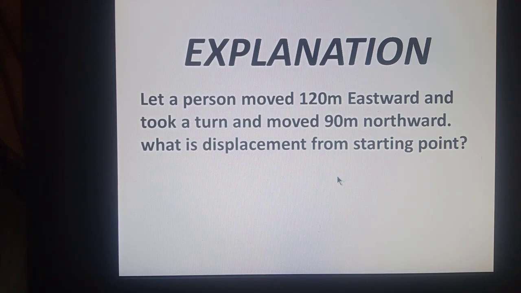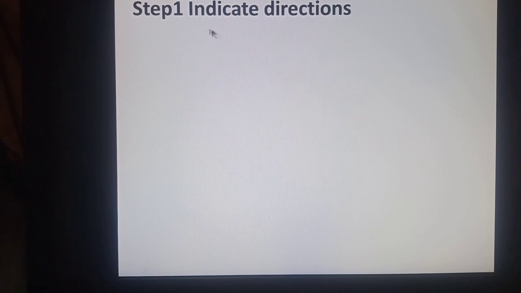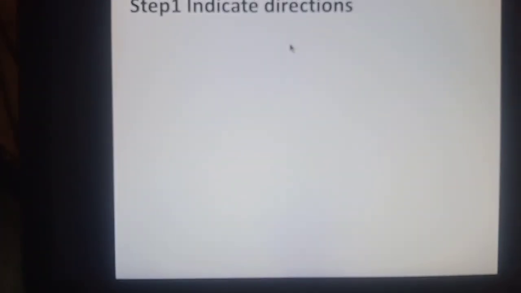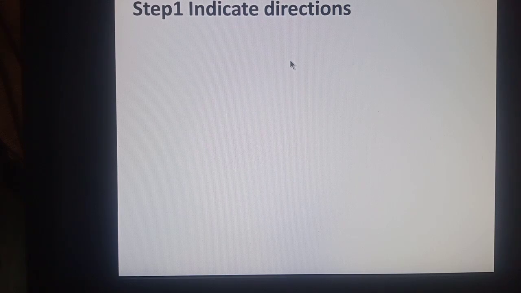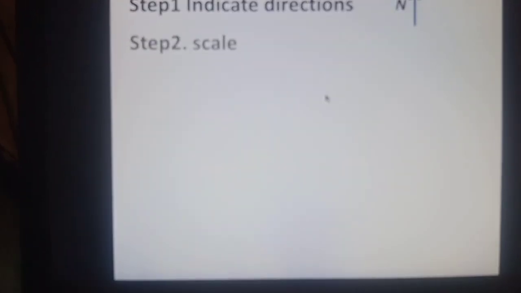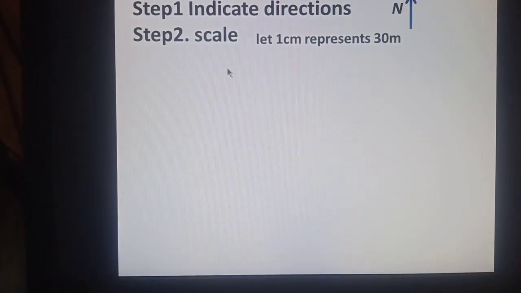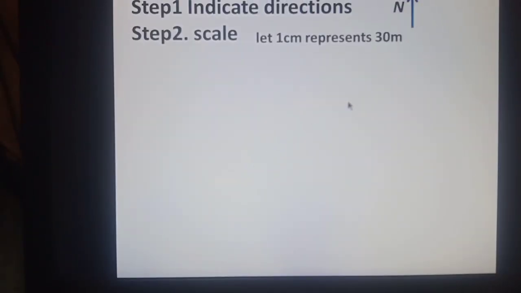Students, now step 1. What will we do? First of all, we will mention a specific direction. Say this arrow is representing the direction of north. Second step will be the suitable scale. Then we will select a scale that suits us, means the given values and the available space on the paper.